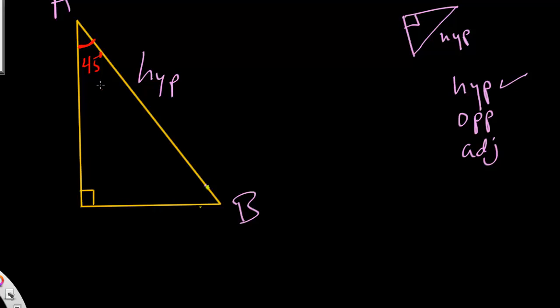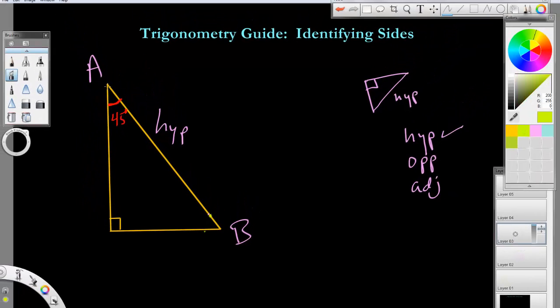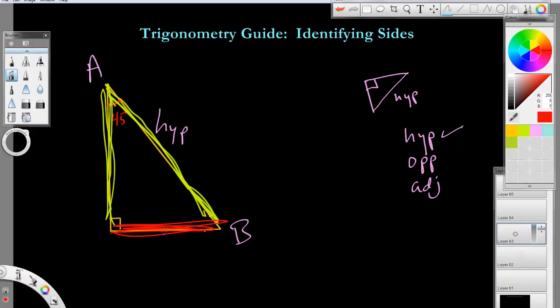Which side would be opposite angle A? Which side would be opposite this angle here? Hopefully you realize that it would be this side. It opens up to it, the opposite side. That is called the opposite side.